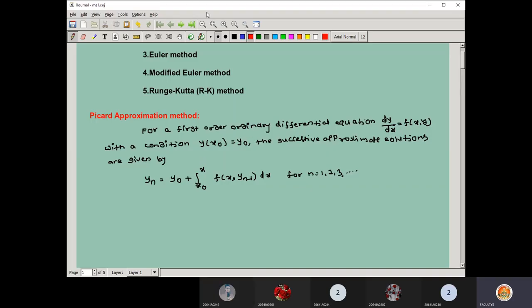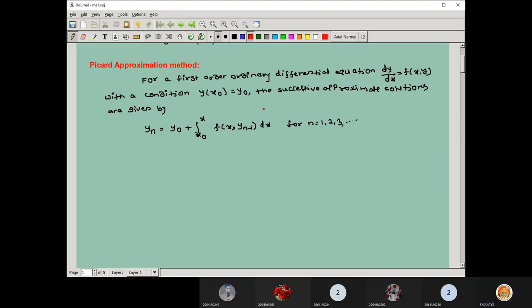For a first order ordinary differential equation, dy by dx equal to f of x comma y, with a condition y of x naught equal to y naught, the successive approximate solutions are given by, so in the next line you make a statement yn equal to y naught plus integral over x naught to x f of x comma y n minus 1 of dx for n equal to 1, 2, 3 and so on.